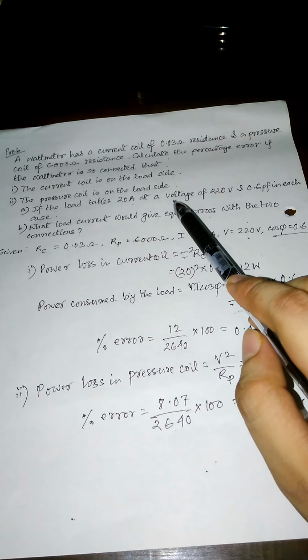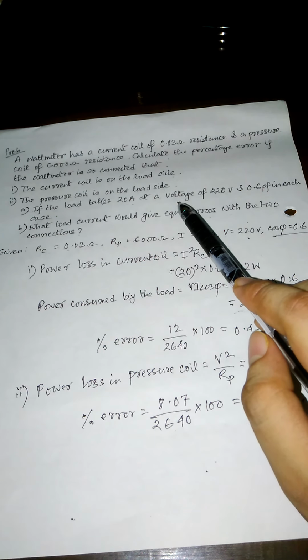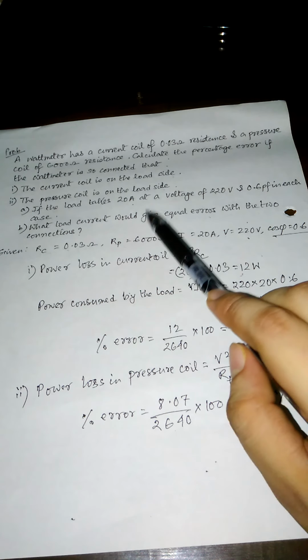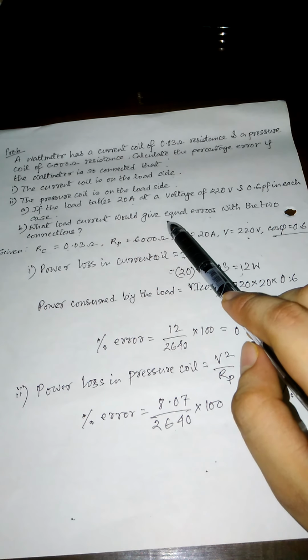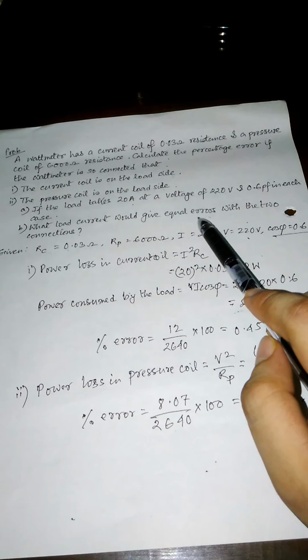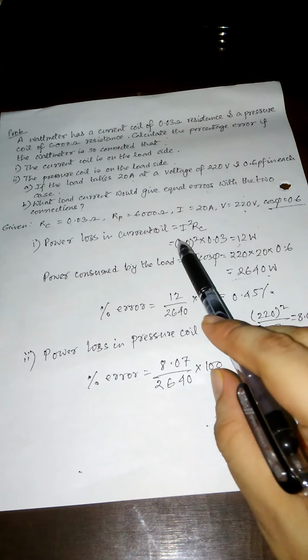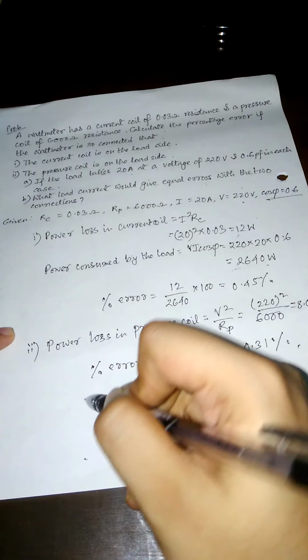Now another point is what load current would give equal errors with the two connections. That means for the two connections the error will be equal. So we have to find the load current for which, for the two different connections of the wattmeter, the error will be equal. That means we have to equalize these two errors.